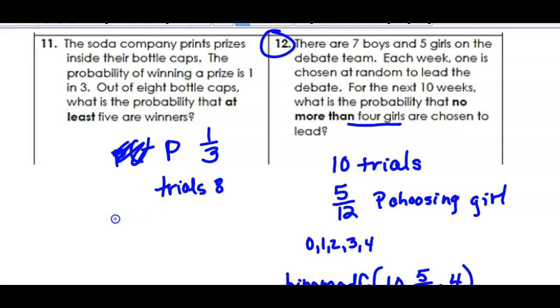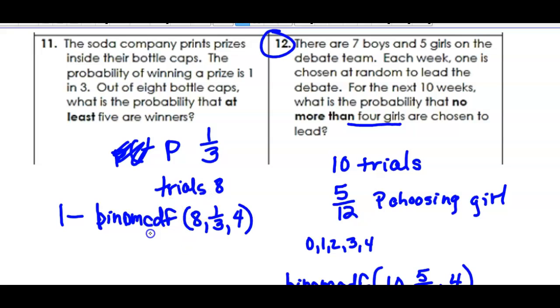So you could add up the probability of 5, 6, 7, and 8. Or you could do 1 minus the combined probability of 4 or less, which would be out of 8, 1/3, 4 or less.